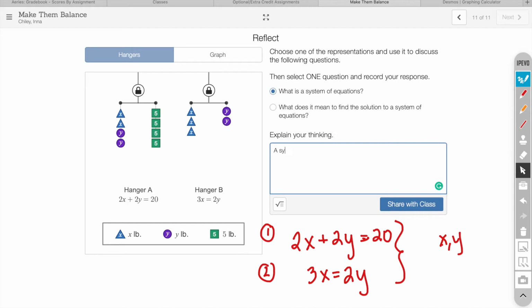A system of equations is a set of equations where the number of equations matches the number of unknowns in the equation. So if we have two equations, we will have two unknowns. And the unknowns here are x, y.